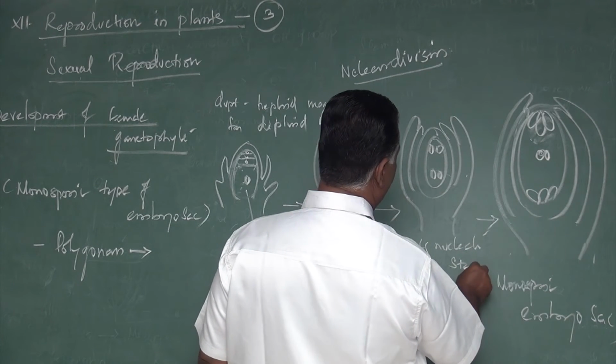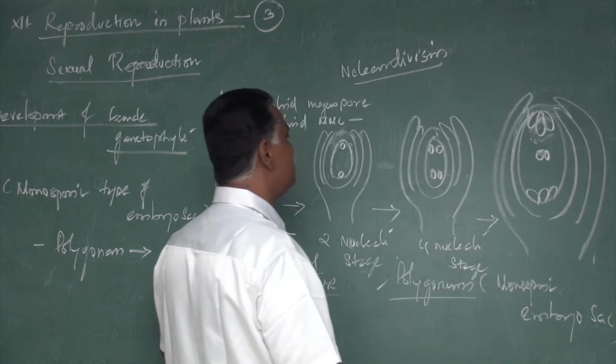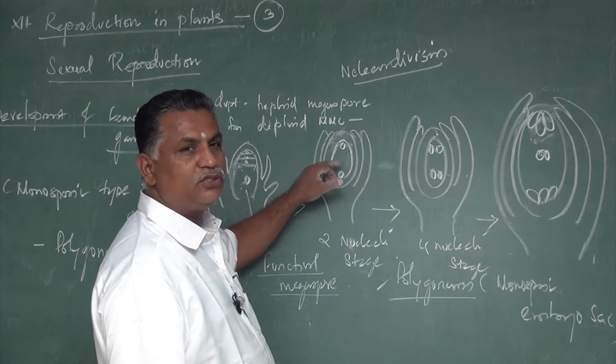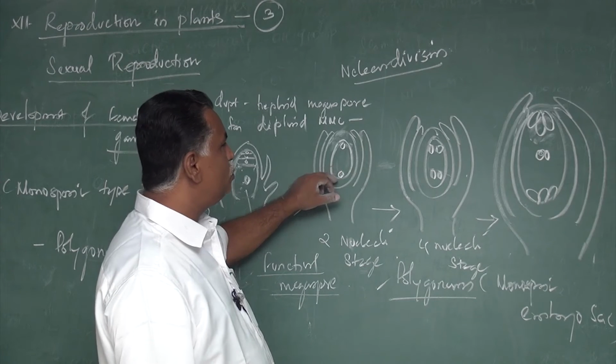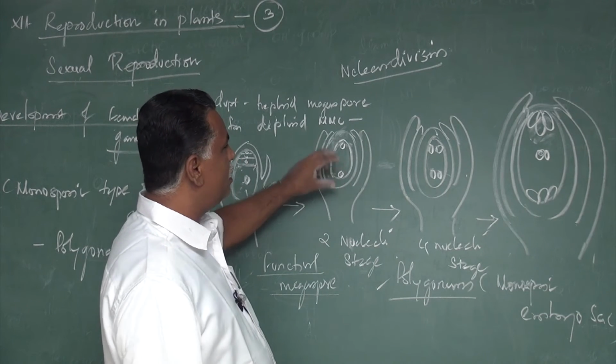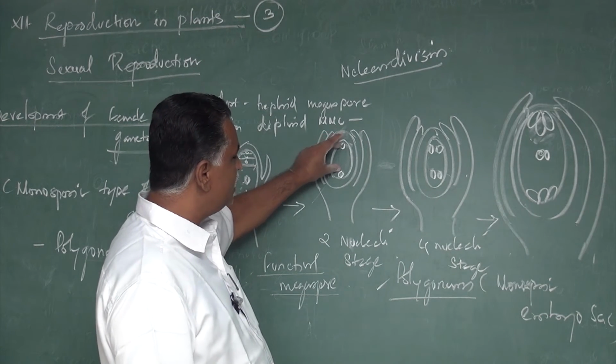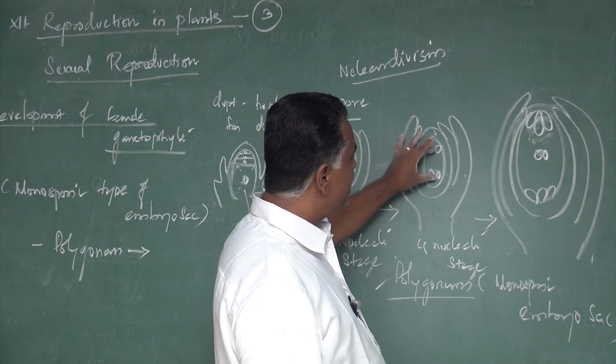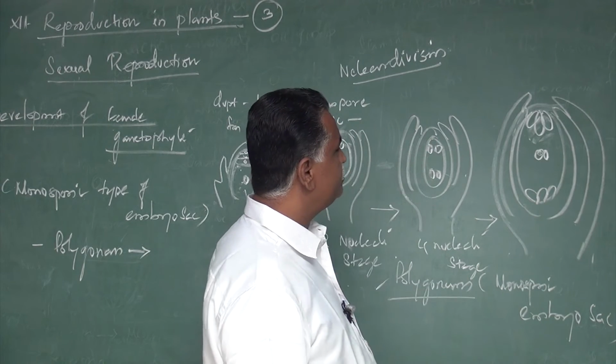We cannot call this a 4 cell stage, because when the nucleus divides, the cell wall does not form. So this is a single cellular structure in which 4 nuclei are found. This is called the tetranucleate stage.